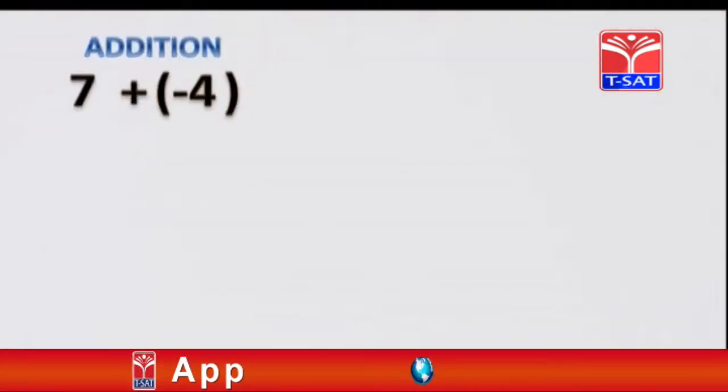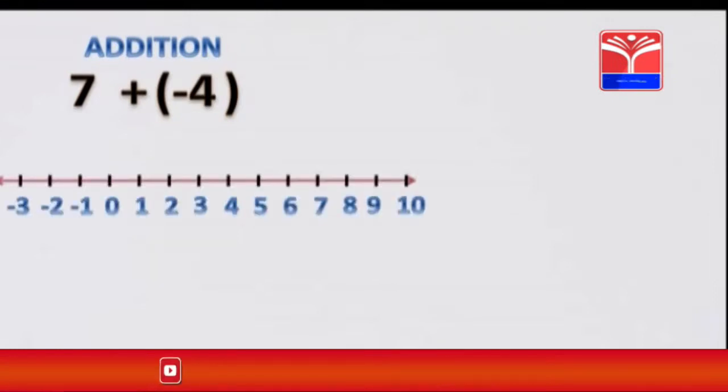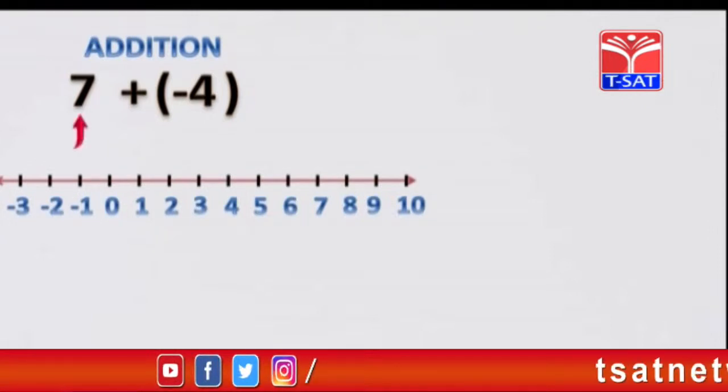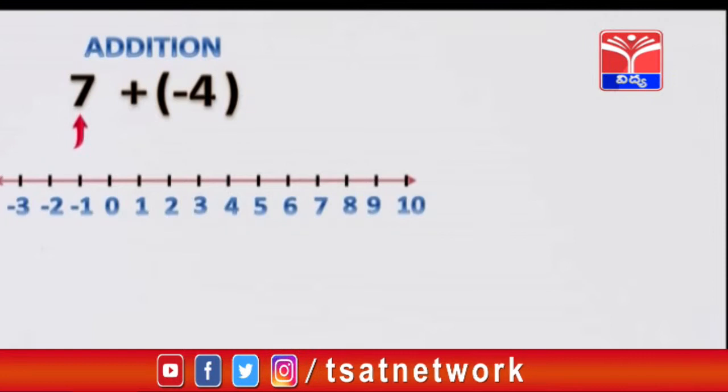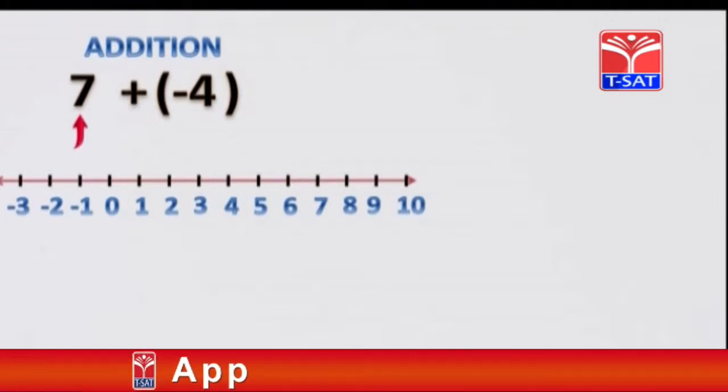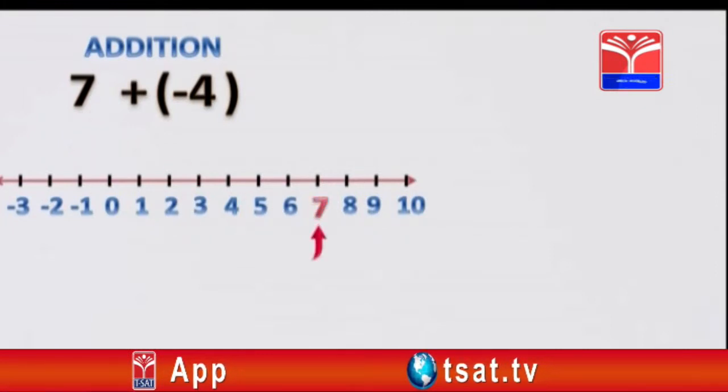Let's take one example. Addition: 7 plus -4. We do this addition on the number line. For that, first locate the number 7 on the number line. Here it is.